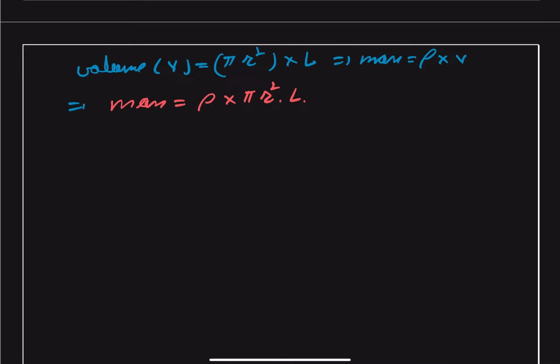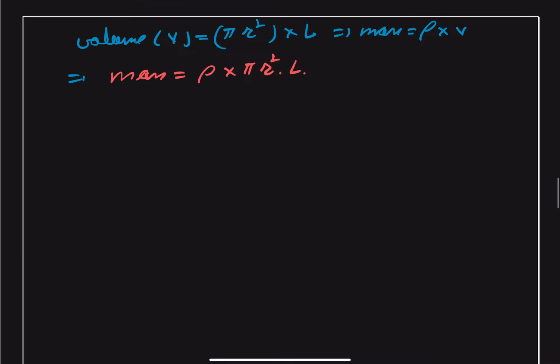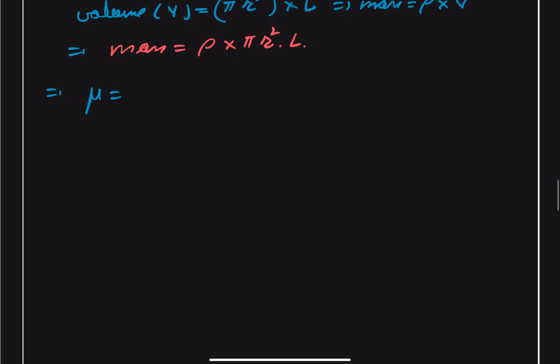Therefore the linear mass density mu, which is mass over length, comes as rho pi r square L divided by L, and length and length cancel out, so this comes as rho multiplied by pi r square.